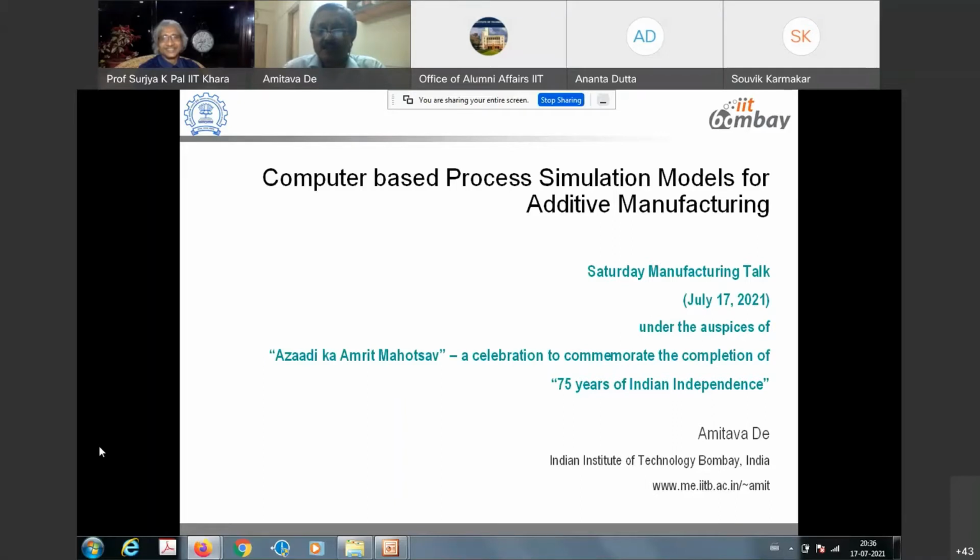So, as he has given a quick introduction about additive manufacturing processes, this is definitely a new route which has come up and is evolving perhaps at a much higher speed than the traditional manufacturing. And most of us have not seen the way those traditional conventional manufacturing processes have actually matured.